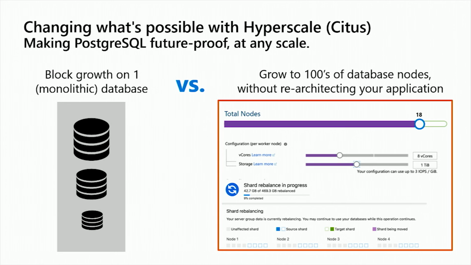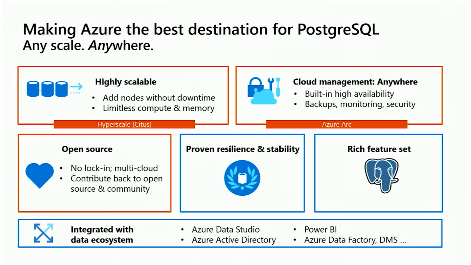Of course. And when we put all of this together on Azure, it gives a very compelling picture on why Postgres and why on Azure, right? So we talked about those 3 core pillars of open source, proven resilience, and the rich feature set, but we make it really scalable with Hyperscale Citus, add nodes anytime without downtime, and Nikhil is going to talk about that later on.